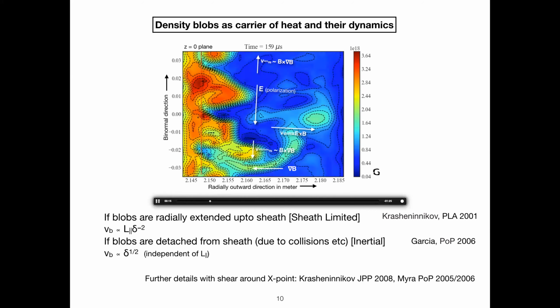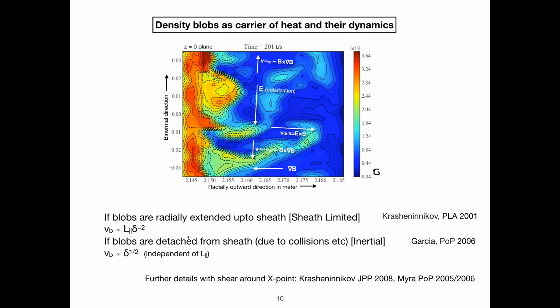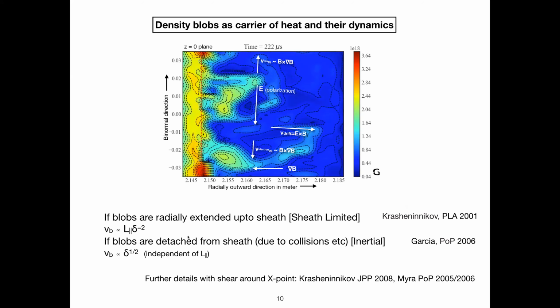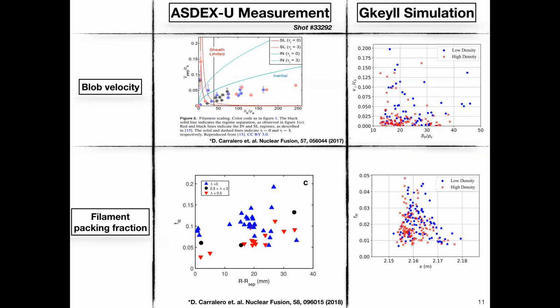There are different theoretical models of blobs or density filaments to predict these velocities. Experimentally, the velocity, size, and autocorrelation time of these density filaments or blobs have been measured for ASDEX Upgrade shots. From our first-principles Gkeyll simulation, we also measure these quantities and compare with the experimental measurements.